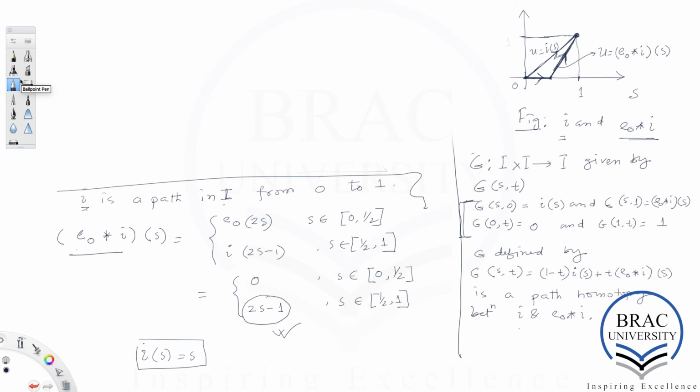So from this formula, G of s comma 0, I plug in 0 here for t, and I get just I of s straightforward, and G of s comma 1, I plug in t to be 1 here, then it goes away. We are just left with E0 star I at s. Okay, so this first condition is checked.